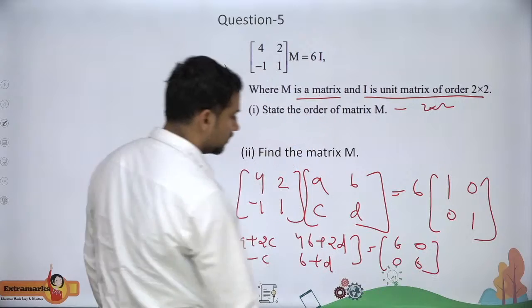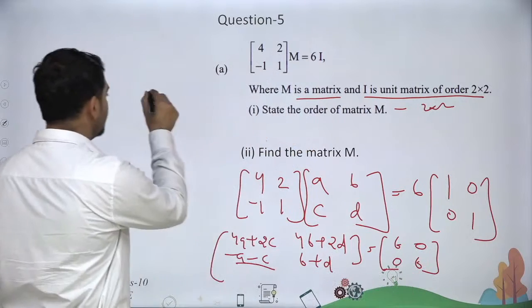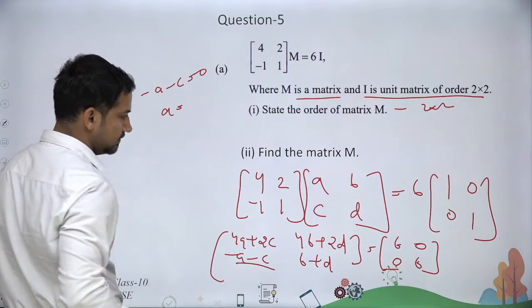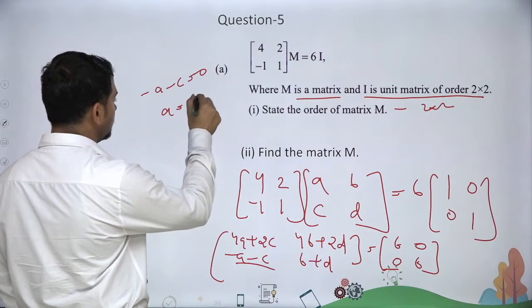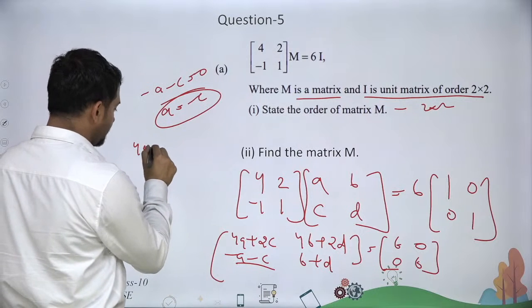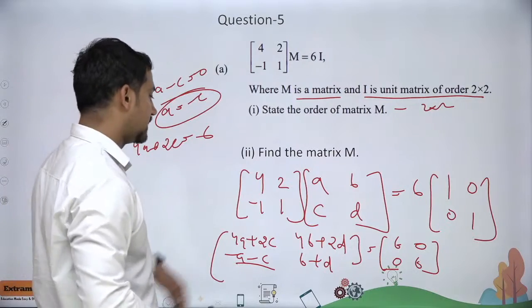6, 0, 0, 6. Okay. Then we know that these are all equal. Minus a minus c is equal to 0, then a should be equal to minus c. Now, if you put 4a plus 2c equal to 6, then we put all these values and get the answer.